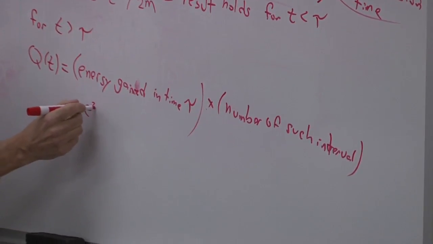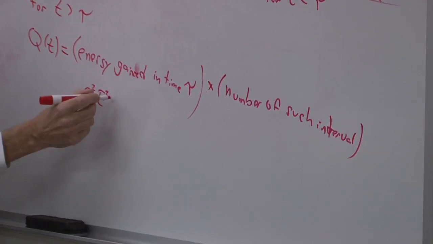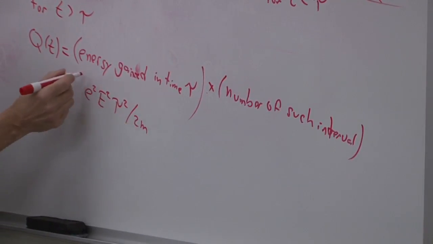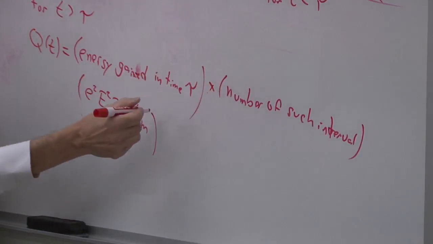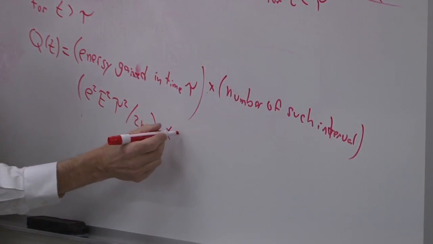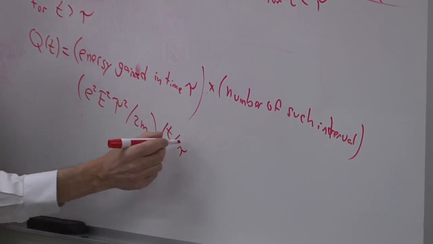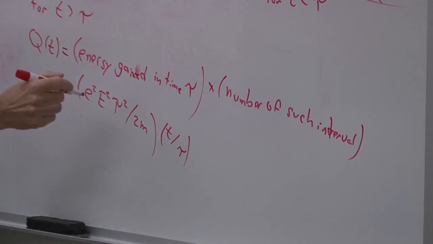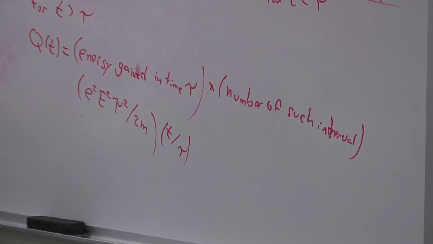So this is E squared tau squared over 2m. And the number of such intervals is just t over tau. So you just multiply these together.